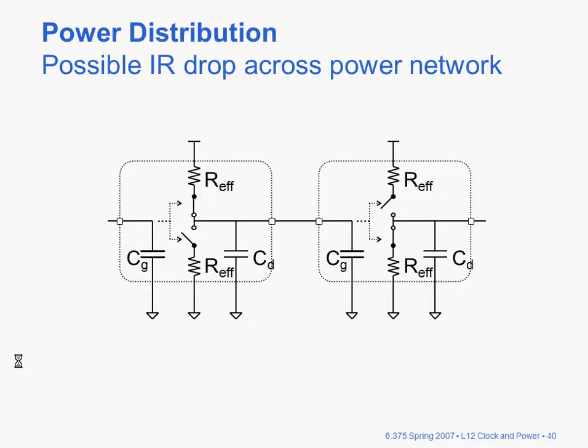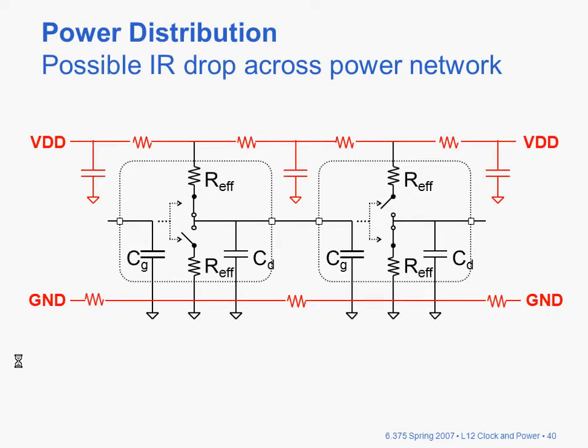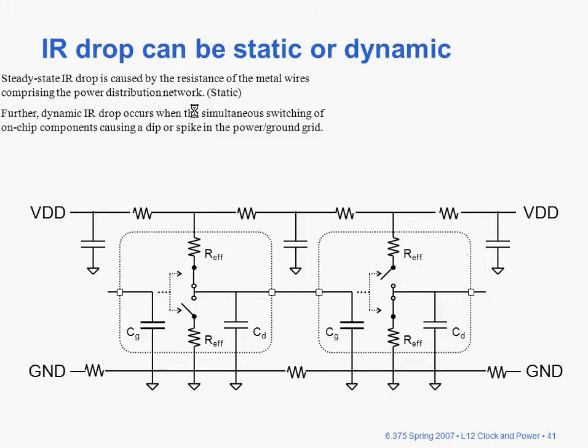With respect to power dissipation, one of the issues is going to be possible IR drops across the power network. Here's an example of some circuitry and the power supply rails, and basically they have parasitic capacitances and resistances associated with them, and there are two different types of power drop that you might see.